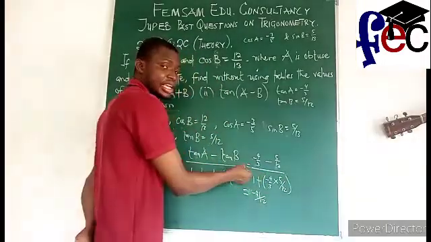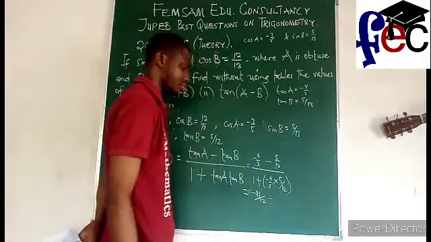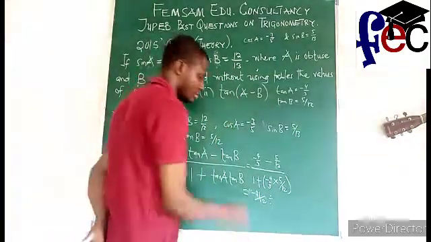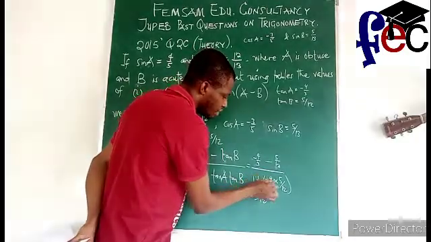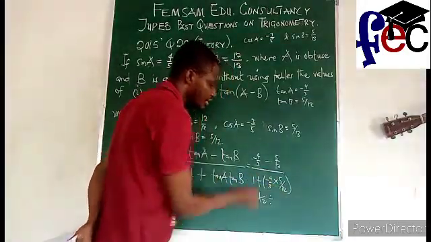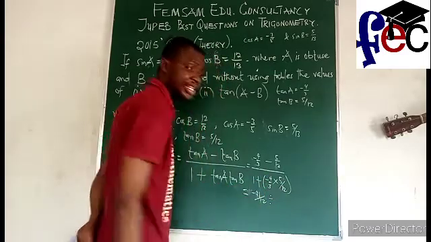Now the product of this: 4 can divide here, 4 in 12 is 3. So I'm going to have 5 over 9.